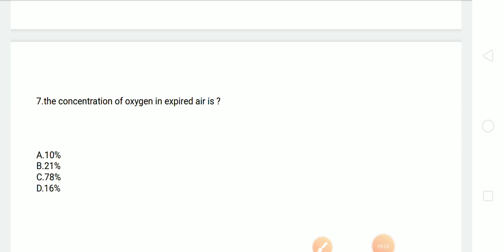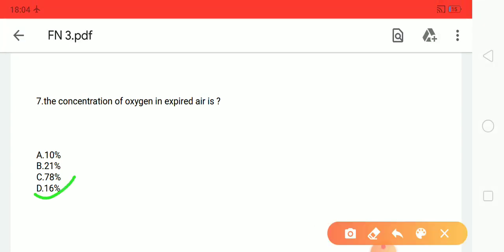This is a very important question and may come in the upcoming exam. It will definitely be asked in the upcoming exam. You should remember this question.